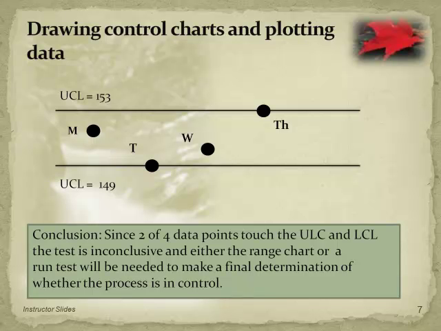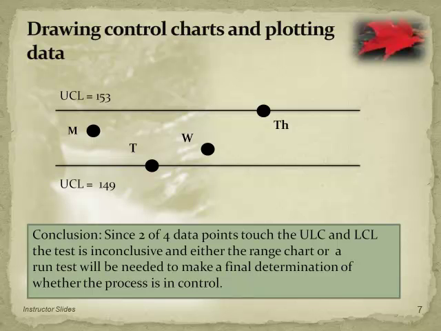Now that I have the X bar data plotted, I can look at the data and draw my conclusion. Well, Monday and Wednesday very clearly fall between the upper and the lower control limit, which is the usual indicator for a conclusion of in control.